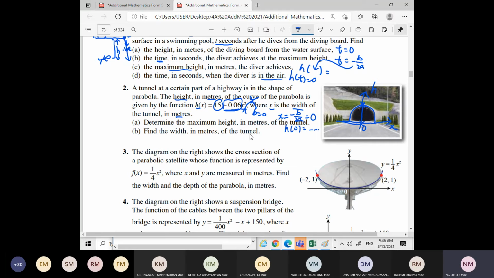You don't have to give me the answer. I want to know how I want to find the width of the tunnel. Means here to here. So I need to find this point and also I need to find this point. So what do I set to find these two points? I got to let something equal to something.